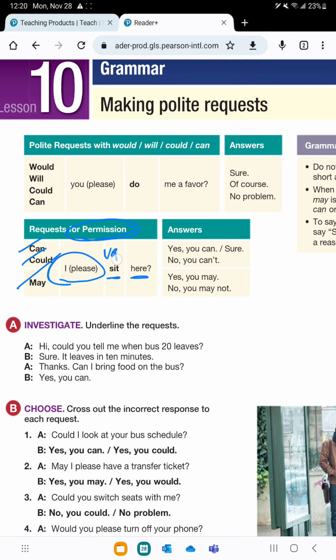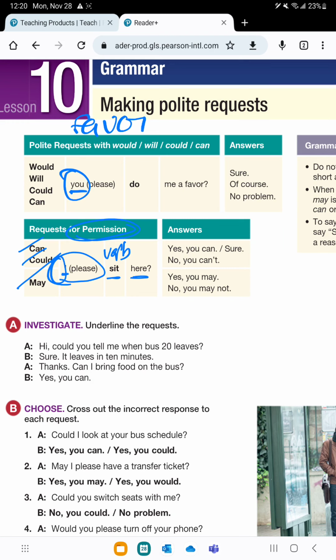Again, our verb stays at the base. We don't have to change it. But notice our subject. When we're asking for permission, we always use the subject of I. When we're asking for a favor, we always use the subject of you, because I want you to do something for me. Here, I'm asking if I can do something.